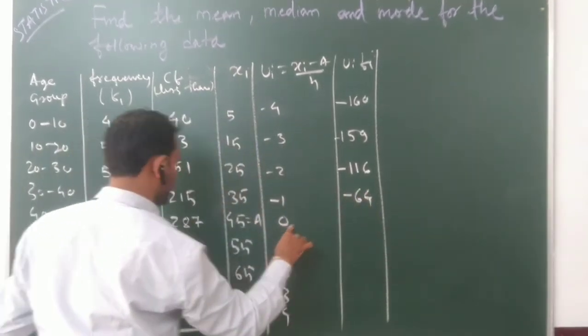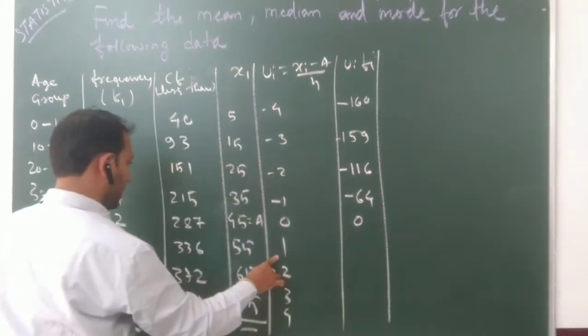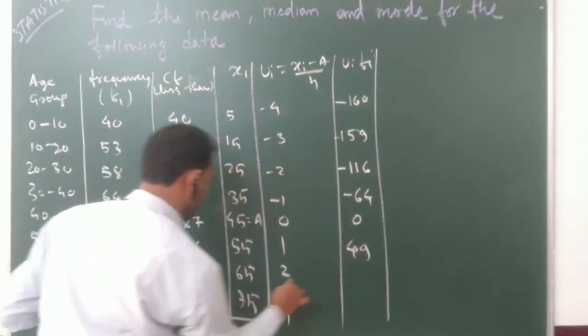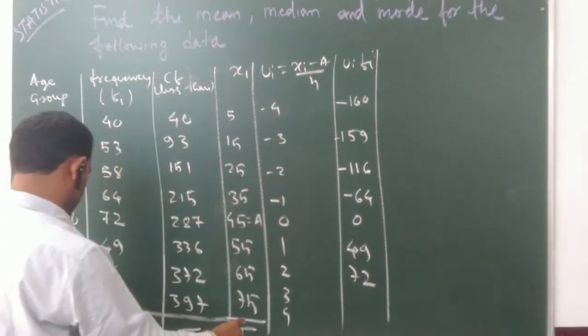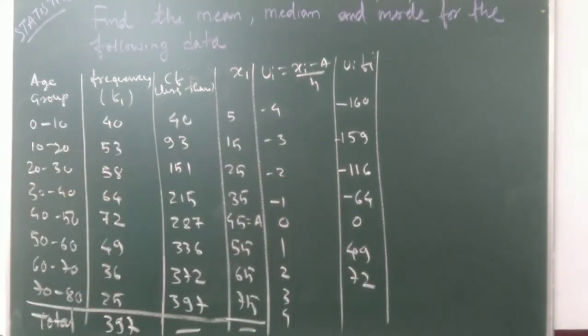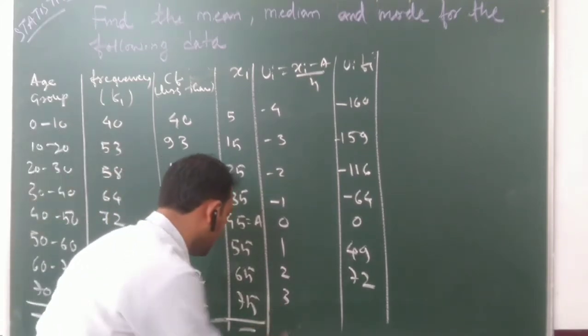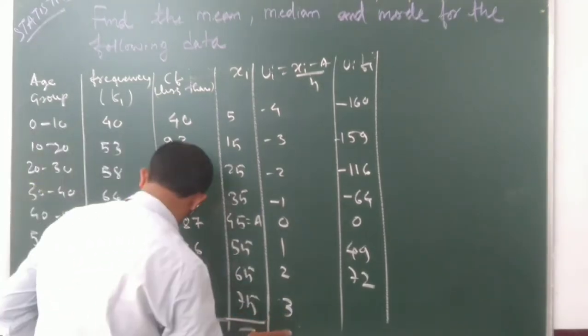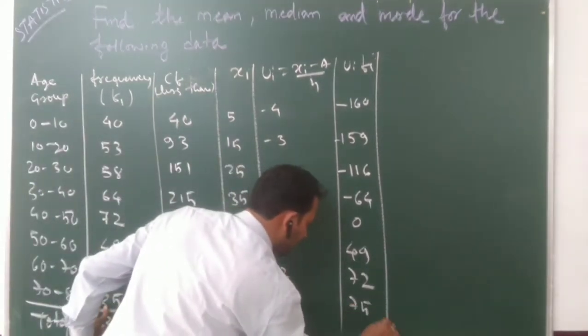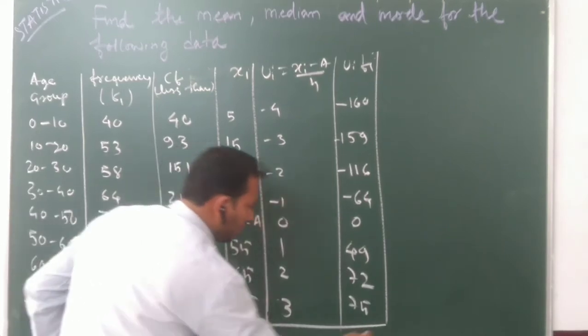Here we will get 0, this one will get 49, this one will get 72, and somewhere we're missing. Sorry, 4 will not get here, only 3. That is 75.